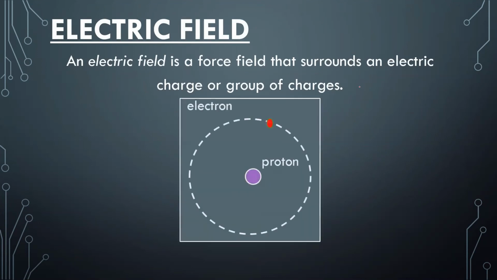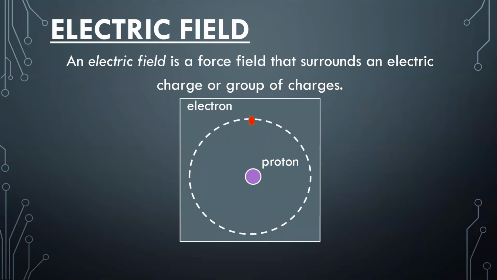So the electric field. So electric field, ito yung force. Okay, this is the force. So electric field is a force field that surrounds an electric charge or group of charges. So this electric field is a force that surrounds the proton. Okay, it is a field.